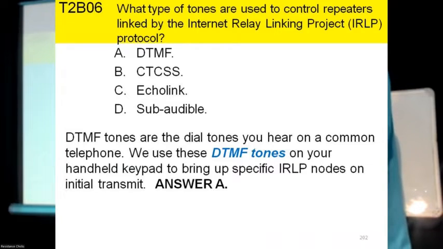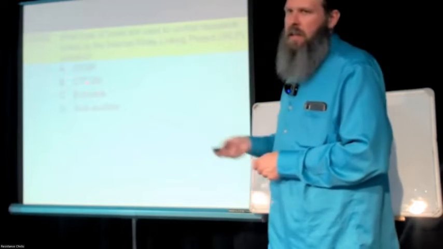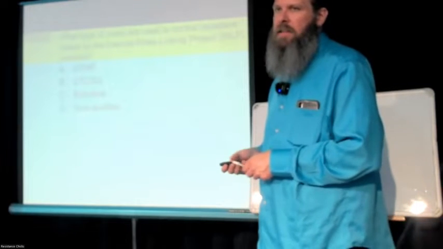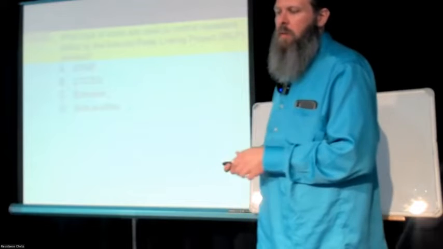What type of tones are used to control repeaters linked via IRLP? Don't get confused and think that it's CTCSS. We talked about those repeater tones. Those are the tones that allow you to access the repeater, to break its squelch.